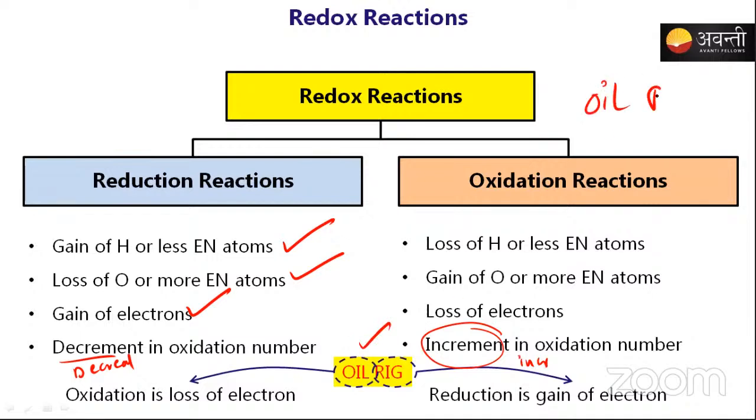To remember it, OIL RIG. What is oil rig? You rig the oil, the crude oil you get from the oceans and seas. So that is oxidation, that is nothing but loss of electrons. Reduction is nothing but gain of electrons.